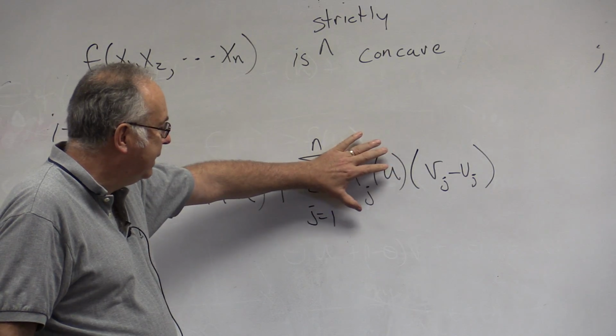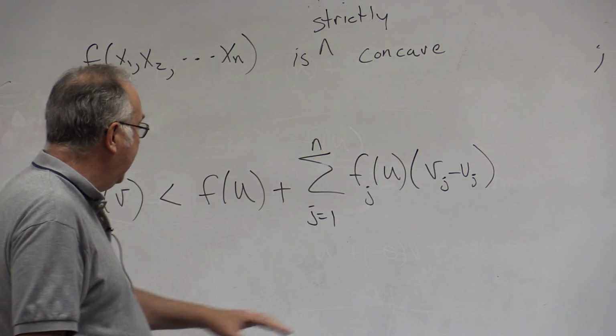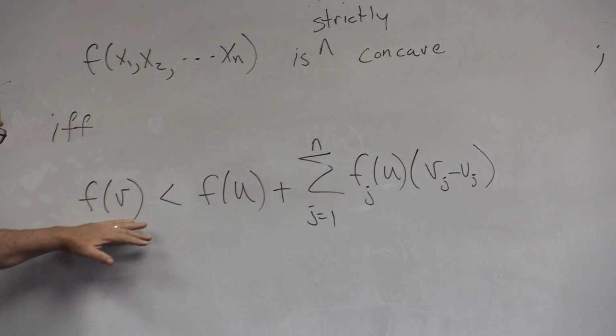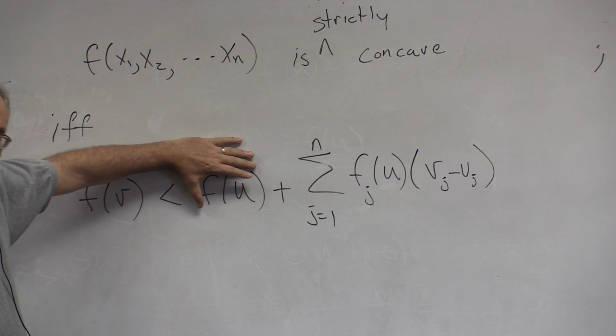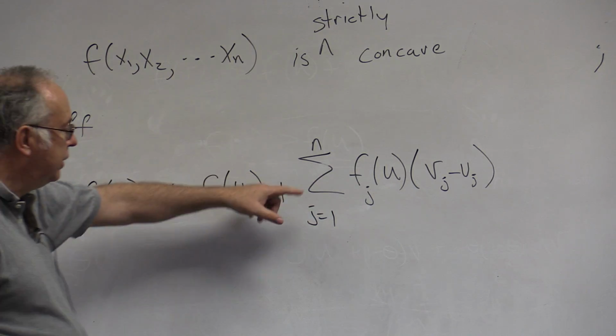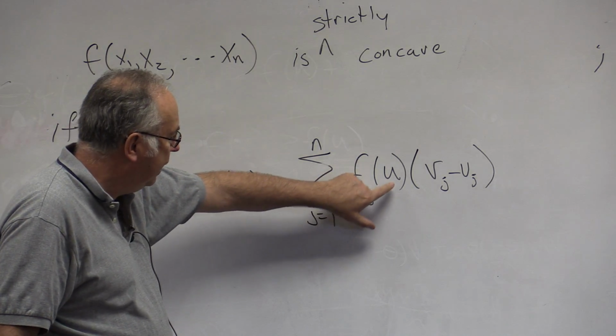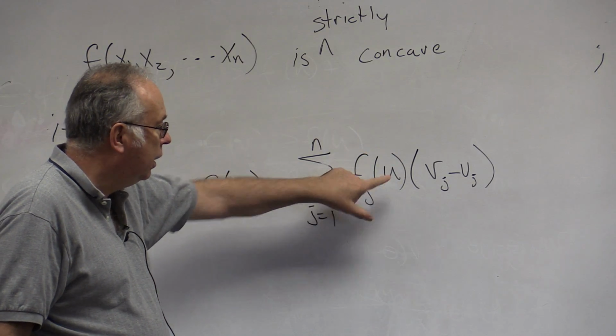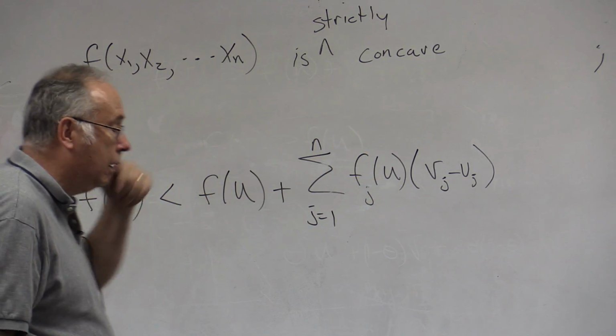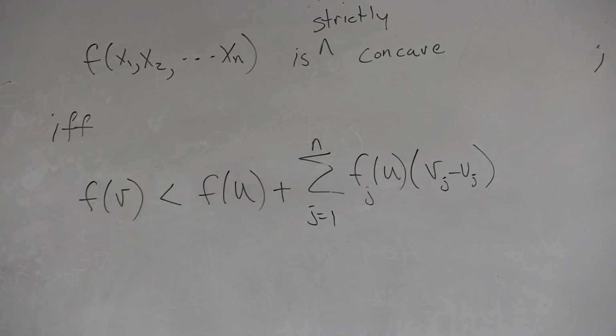So in that case, this would vanish. And you would just be left with f of v is always less than f of u. F of u would be your global maximum. Because the first order condition is that the partial derivatives evaluated at the critical value of x, let's say it's u, are 0. Okay. So again, we get this idea of a global maximum or a global minimum.